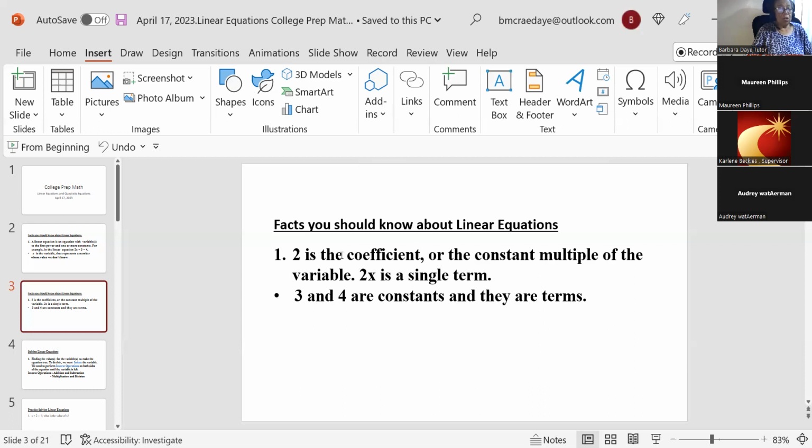Now, all of these are called terms. The coefficient with the variable is a term. The constants are also terms. So you can have a linear equation made up of 6 terms, because you count each constant as a term, you count the variable with the coefficient as a term, or if the variable is without a coefficient, it's still a term. Got it?